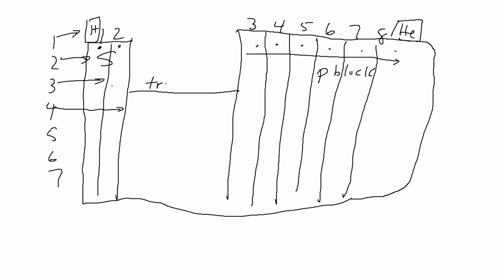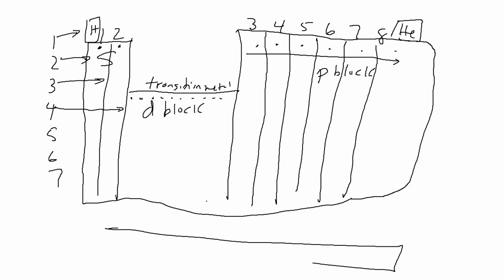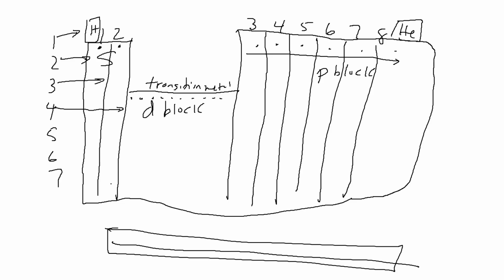The transition metal region is your D block, and they can hold 10. If you count the boxes across, you'll have 10 boxes. The 2 rows on the bottom of the periodic table are your F block.